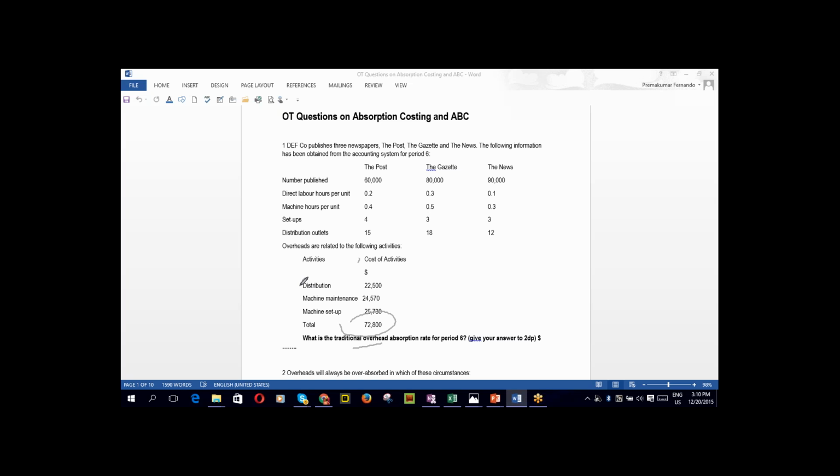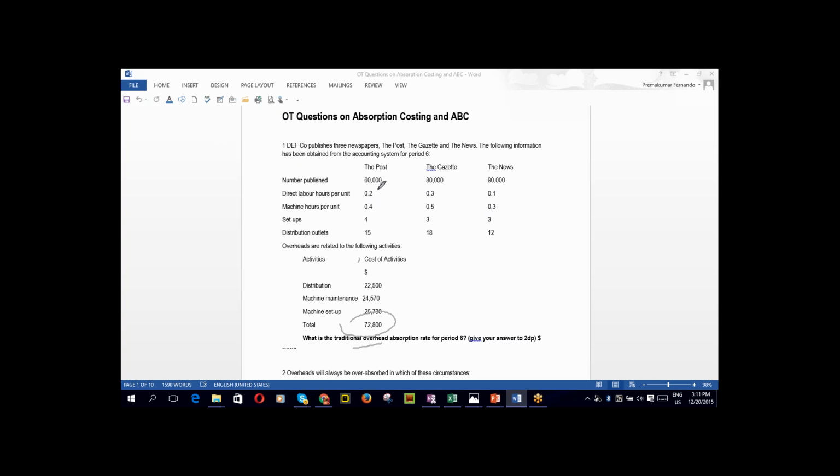I think it is more related to the machine hours, because if you really look, you can see they are more machine intensive, Asanga. Direct labor hours are 0.2, 0.4, 0.3, 0.5, 0.1, 0.3. More related to the machine hours, isn't it? Yes. So because of that, I will use the machine hours.